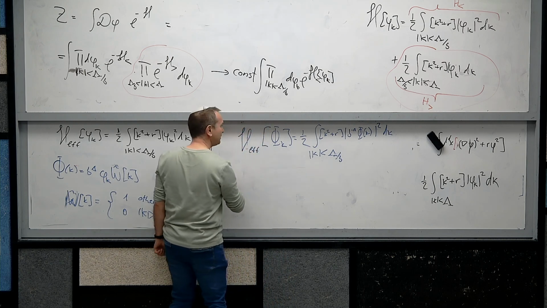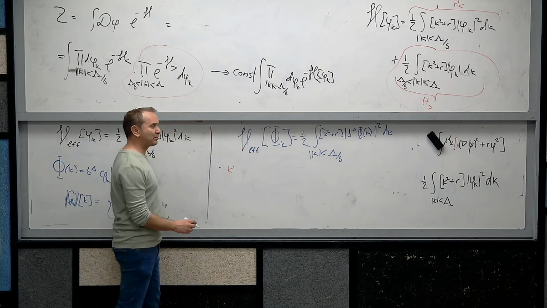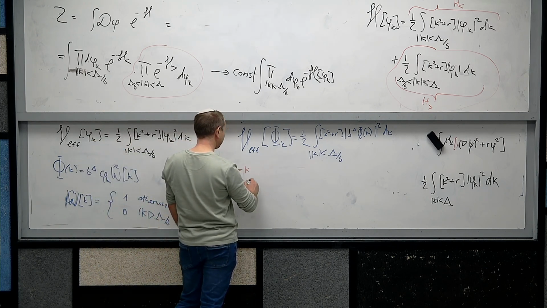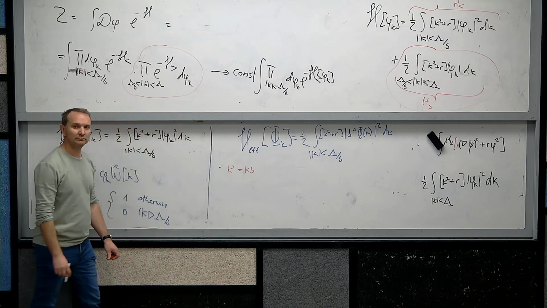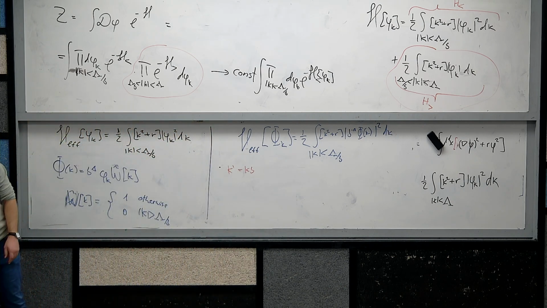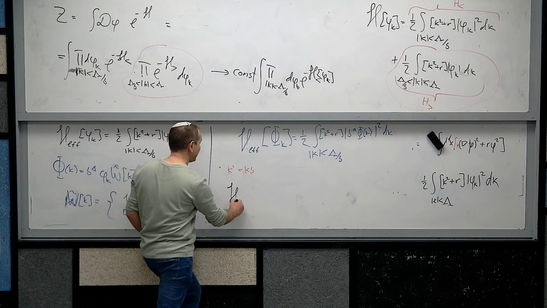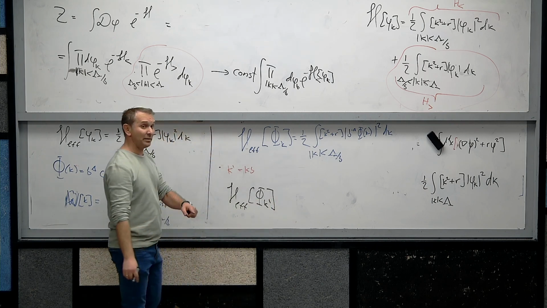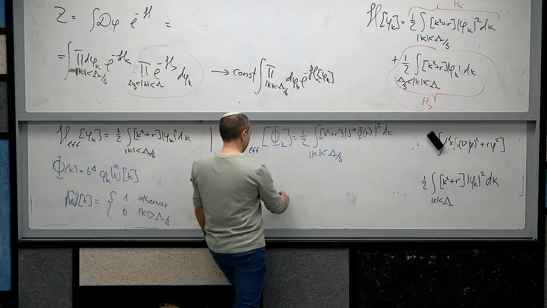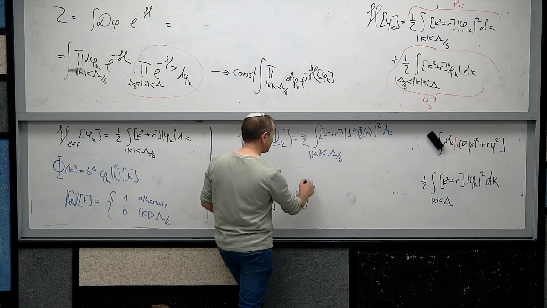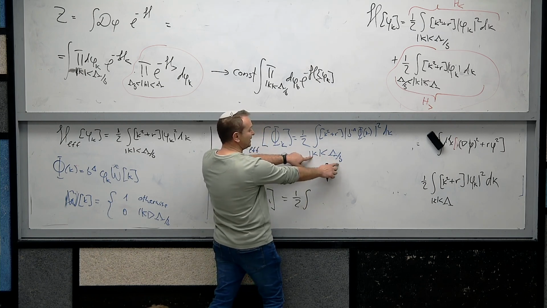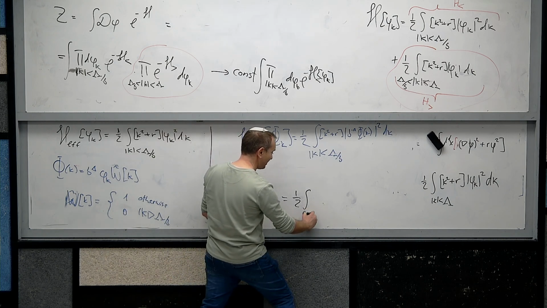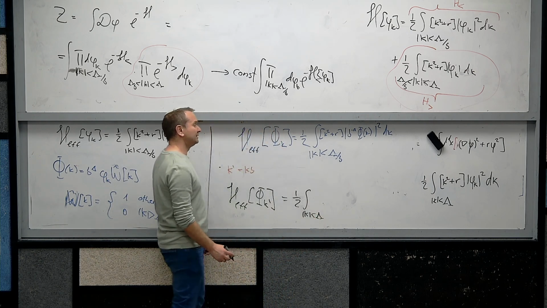Okay, so let's look at k prime. What is k prime? k prime equals k multiplied by b. When I do this transformation, what happens? H effective of phi of k prime equals 1/2 an integral. So k was smaller than lambda divided by b, k prime is going to be smaller than lambda.